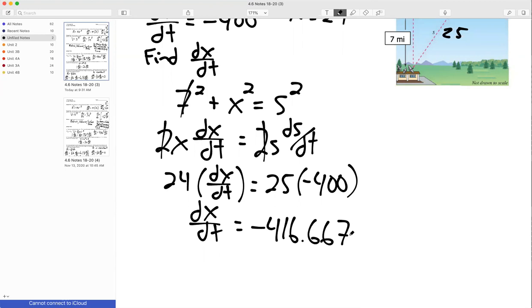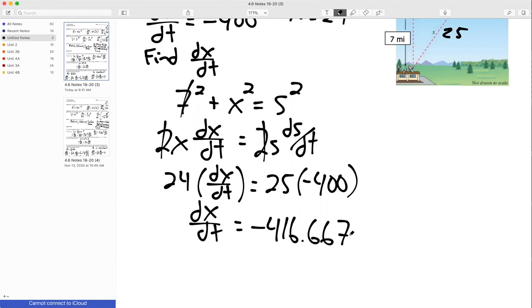However, this is not the correct answer. Why is it not the correct answer? They asked me for the speed, and speed is positive. Did I drive negative 60 miles per hour on the way to school this morning?